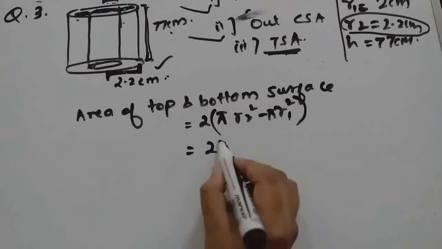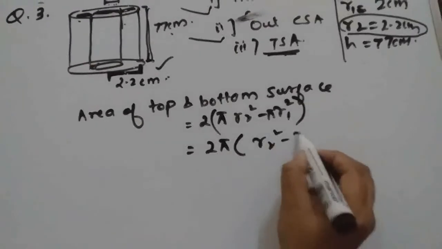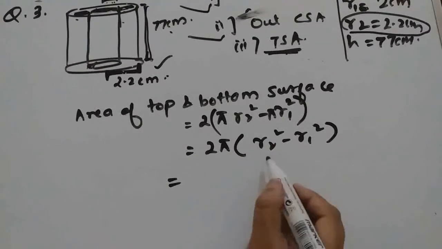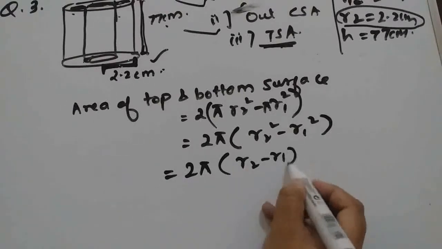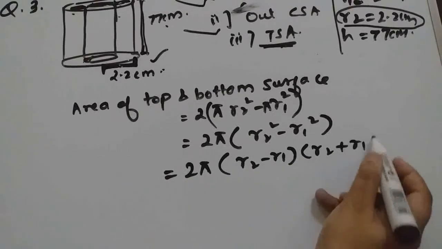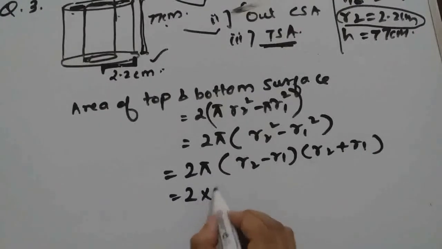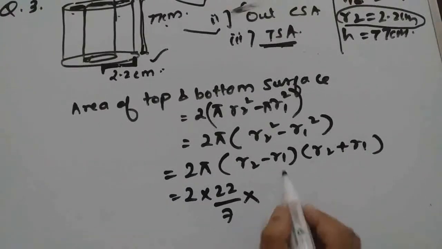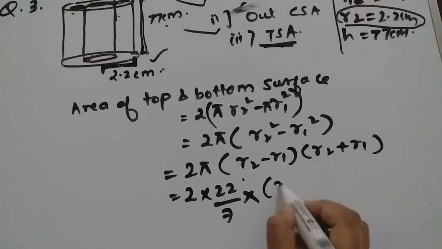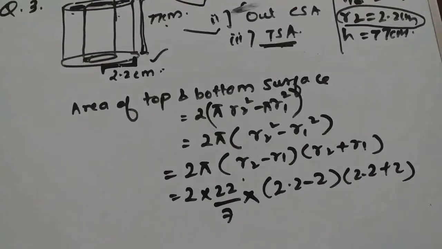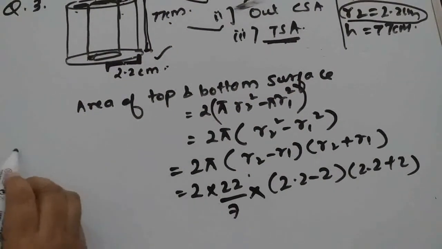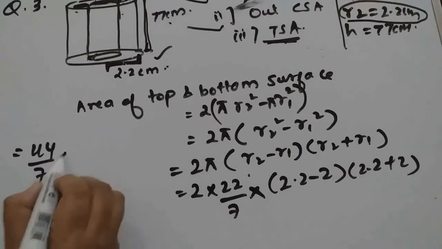So 2 pi we can take common, r2 square minus r1 square is identity. So 2 pi r2 minus r1, r2 plus r1. Okay. Now substitute the value. Pi is 22 by 7. r2 minus r1 means 2.2 minus 2 and 2.2 plus 2. Okay. So this will be 44 by 7.